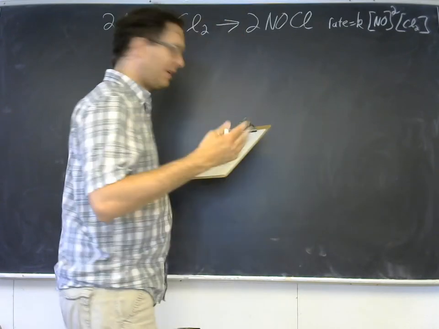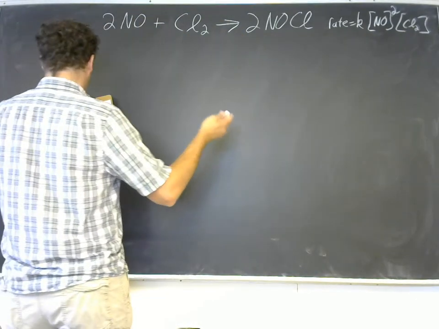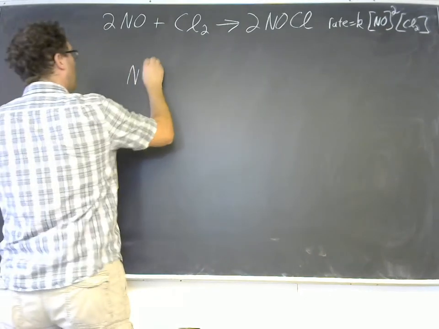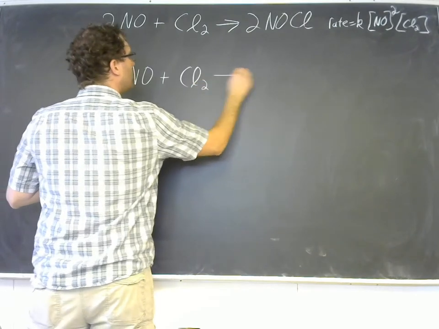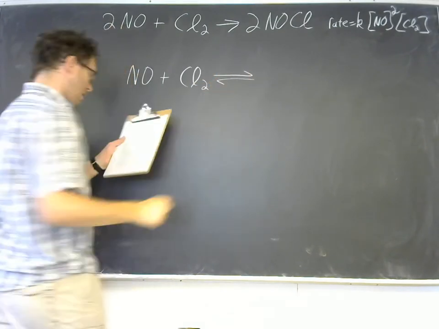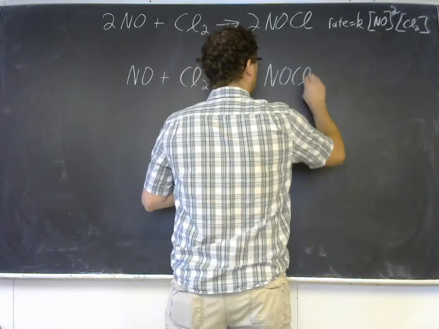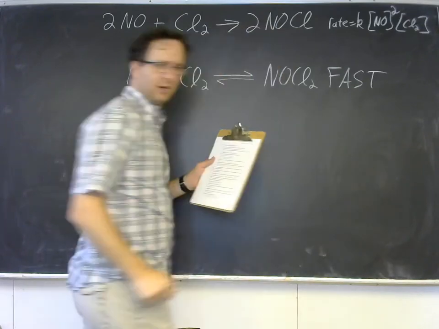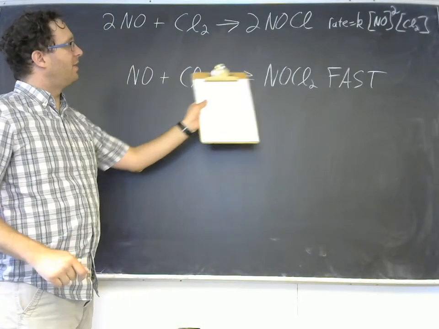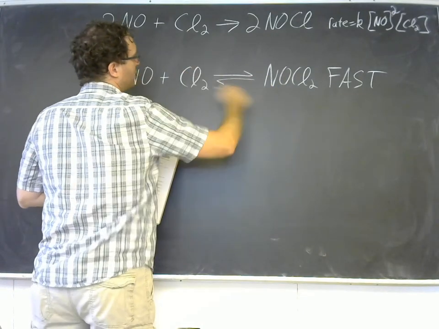Well, here's how we solve this problem. Here's a proposed mechanism. NO plus Cl2 is in equilibrium with NOCl2. And this will be the fast step. Equilibrium reaction that is fast. And so we'll establish equilibrium here.